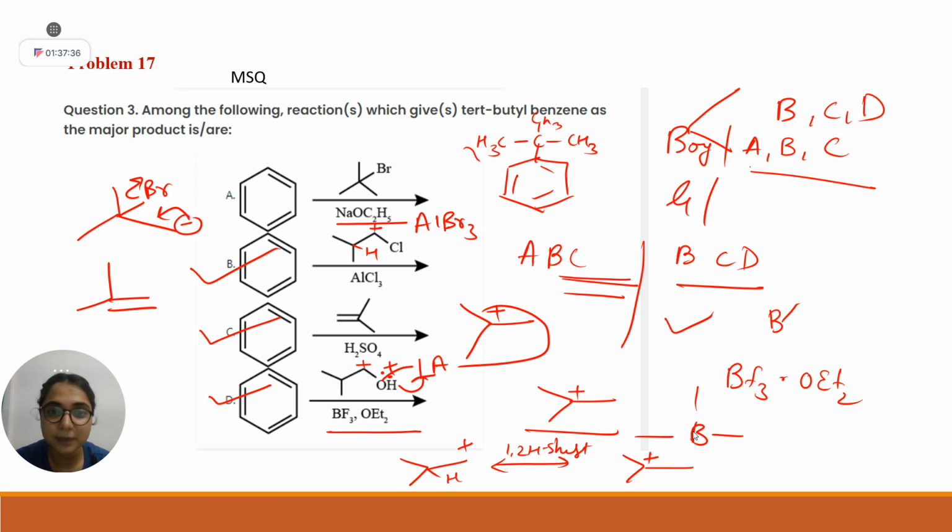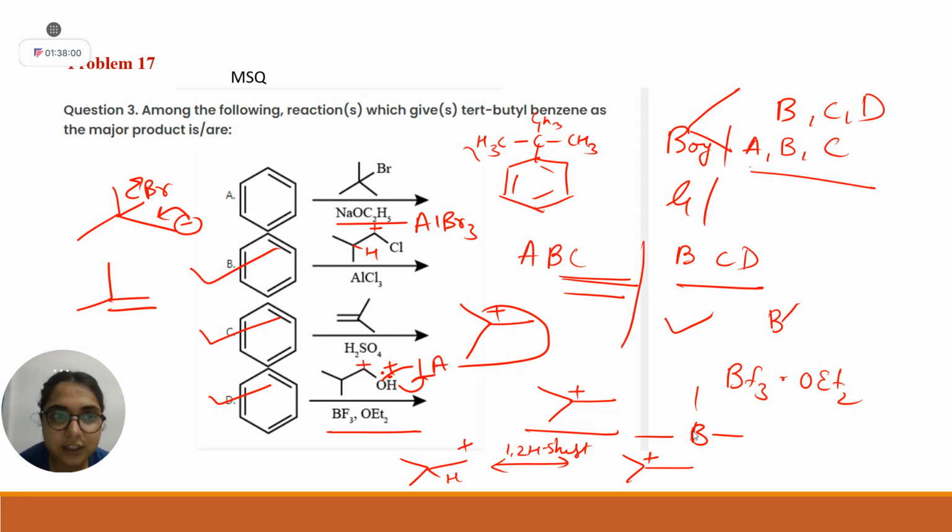If you recall your basics of inorganic, in order to be stable, you should have 8 electrons in your valence shell. Yes or no? But boron is having six. Therefore, it is electron deficient. And any electron deficient species in organic chemistry acts as a Lewis acid.